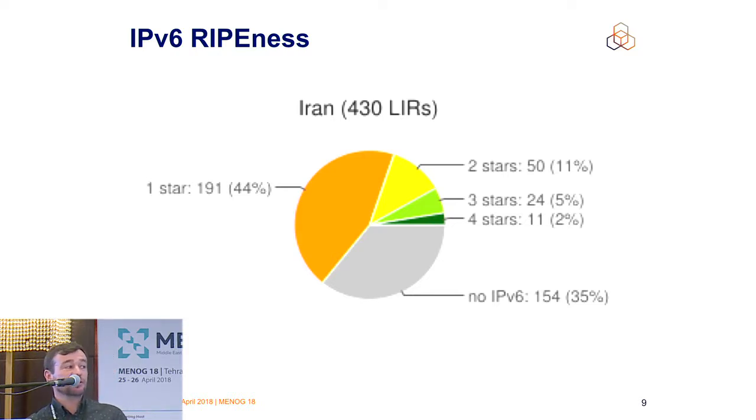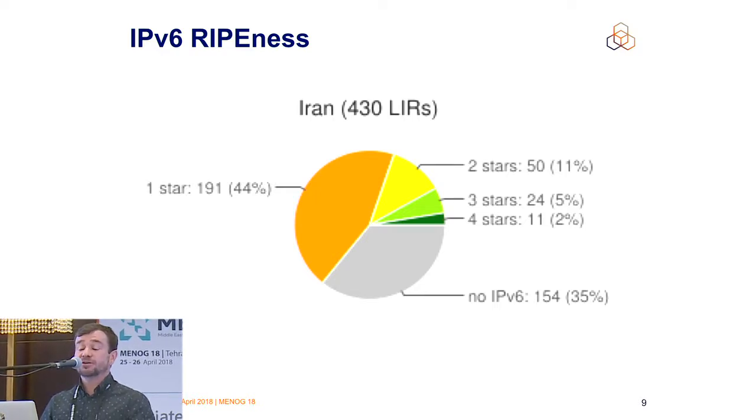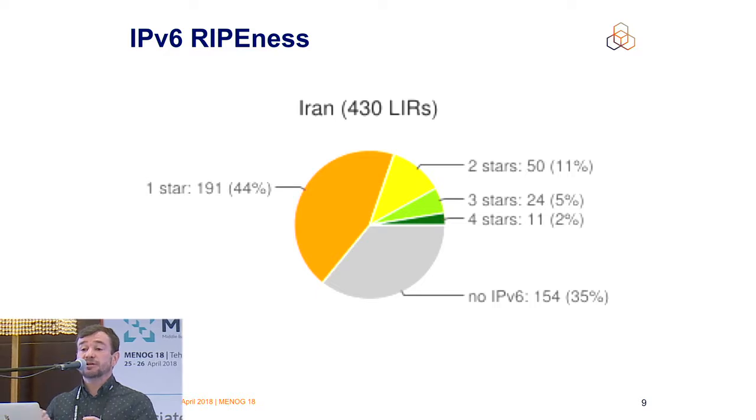Altogether it gives around 65% of the entire LIR population in this country having an IPv6 allocation. It means that there's still 35% that don't have one, which I think could increase. If you compare with other countries, this is a bit under the average, but it's still not bad. And this is something that can be changed really easily.